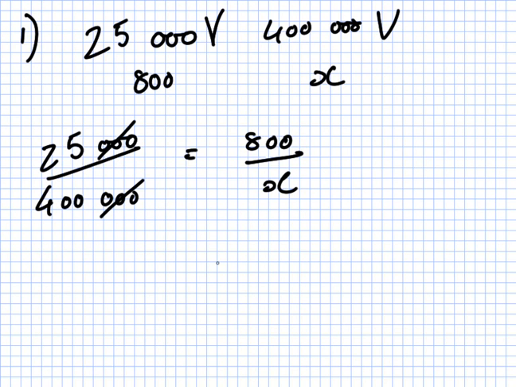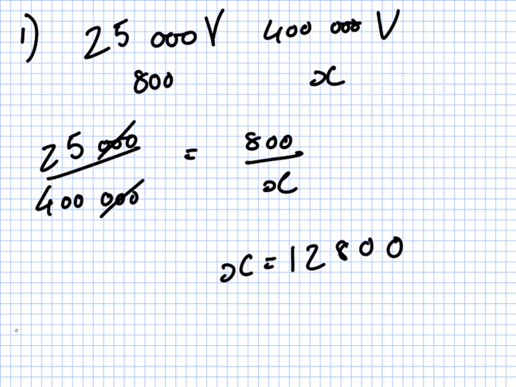Large number, yeah? x is 12,800. Did you get that? Now it says determine the current if there's 5 megawatts of power in the input.